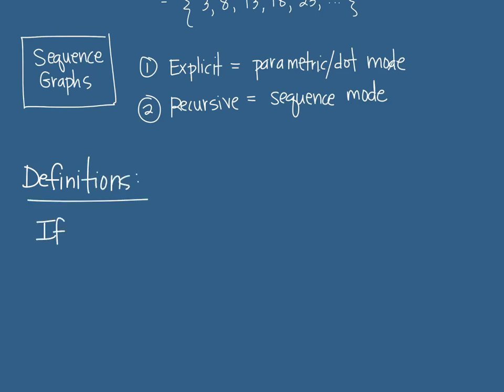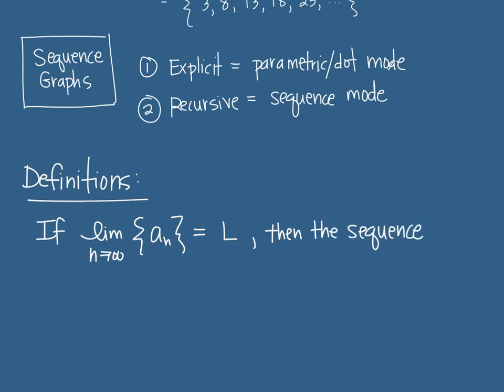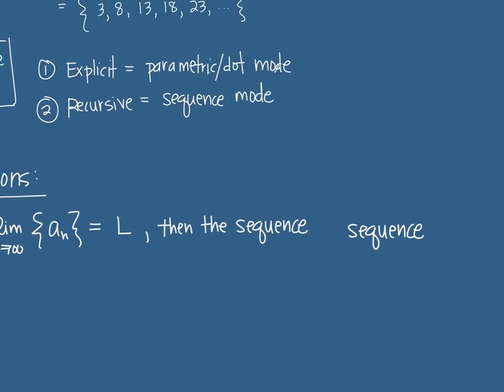All right, if the limit of the sequence, in other words, like the last term, as n approaches infinity, so it means if you've extended this sequence all the way out, if that approaches an actual number, like an asymptote, this would be really great for a horizontal asymptote, then the sequence converges.